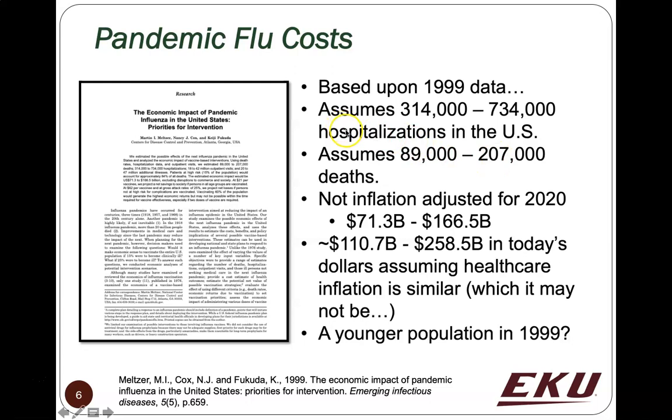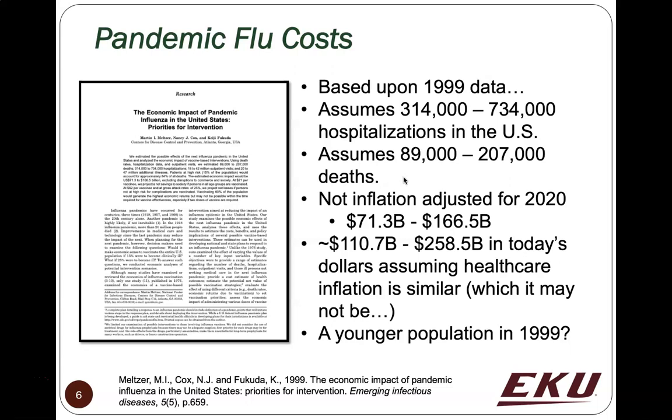But the hospitalization costs can be huge. We may have more than 314,000 to 734,000 hospitalizations over the course of this particular pandemic here in the United States. Hopefully, if we flatten the curve, they will happen over a longer period of time, or maybe even years, rather than all at once.